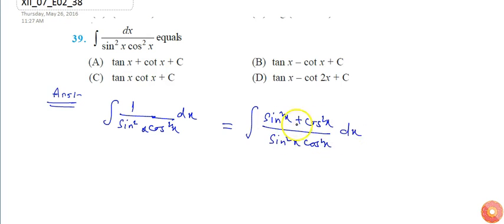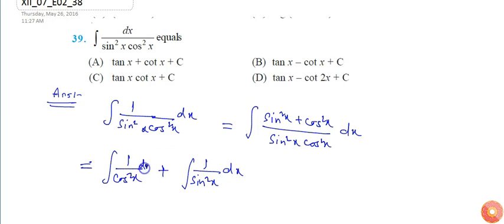Now I can separate both the terms, so it will be integration 1 by cos square x plus integration 1 by sin square x dx. So integration of sec square x dx plus integration of cosec square x dx.